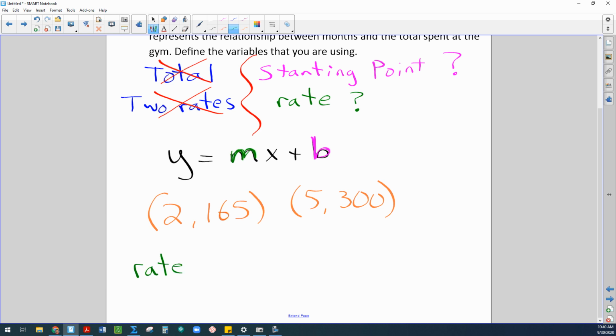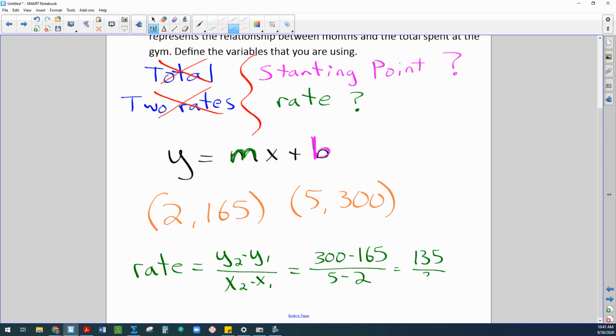My rate formula is equal to the two y values subtracted, so the difference in the y values, divided by the difference in the x values. So 300 minus 165 over 5 minus 2, which is 135 divided by 3, which is 45. So my rate is $45 per month, because X is number of months.